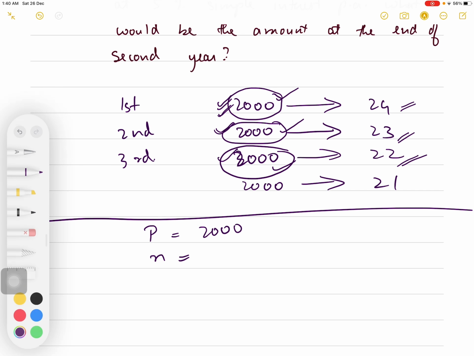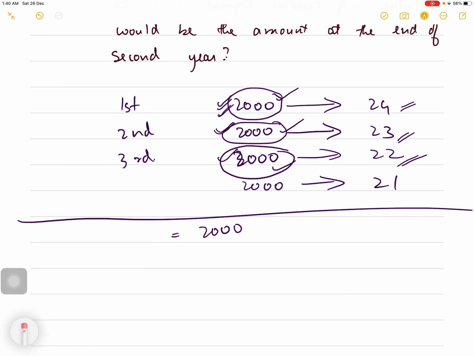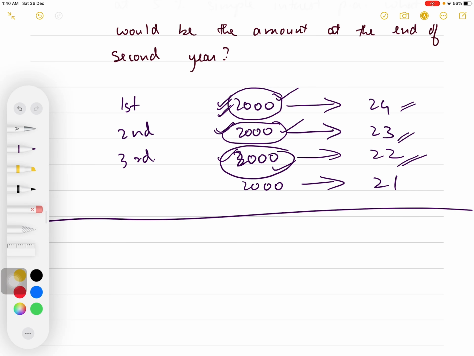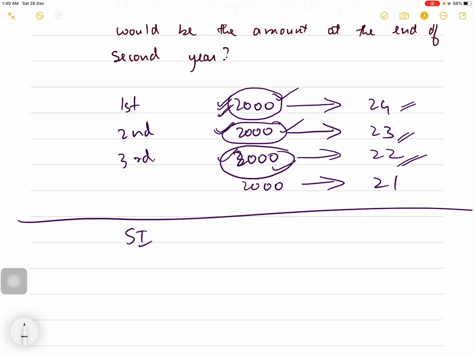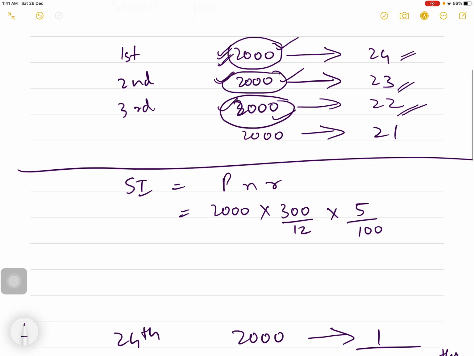I'll just write the simple interest formula. Simple interest is equal to P into N into R, right? P is 2000. N is the number of months, which is 300 divided by 12. N is the period, right? So 300 months, so 300 divided by 12. And R is 5%, so 5 upon 100.